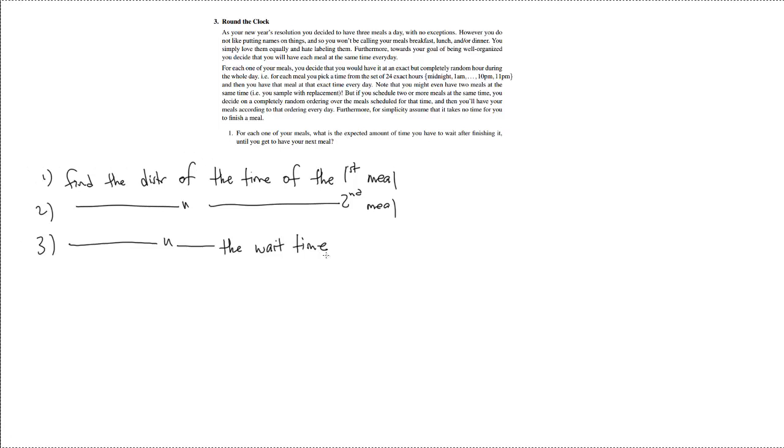So we actually need the time of the second meal given the time of the first meal. Okay, and then once we have the probability distribution of the wait time, we can compute the expectation.